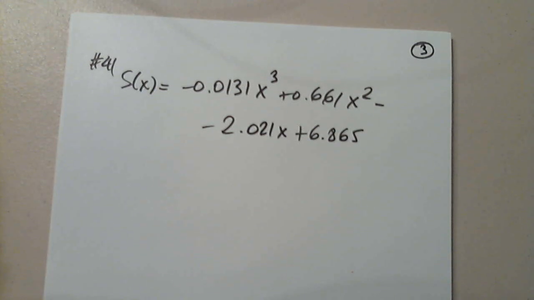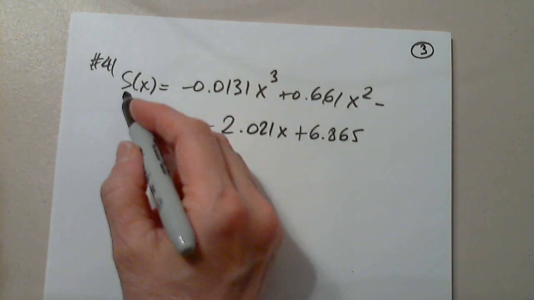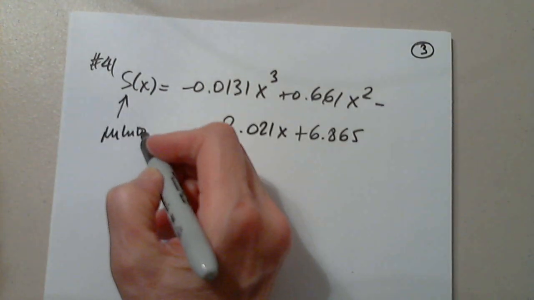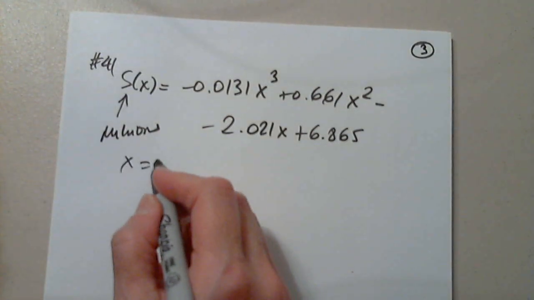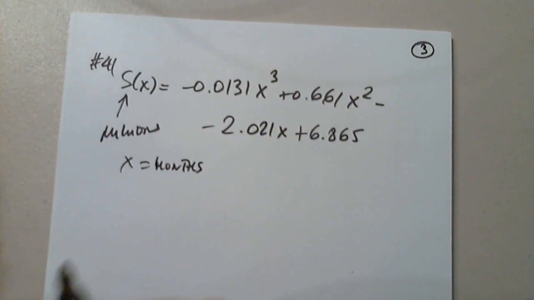It takes us 5 minutes to put this function in the calculator and read the problem, and it takes us 1 minute to solve it. S is the total in sales, millions of units, and x is months. Find the point of inflection and interpret its meaning in terms of the rate of change in sales.